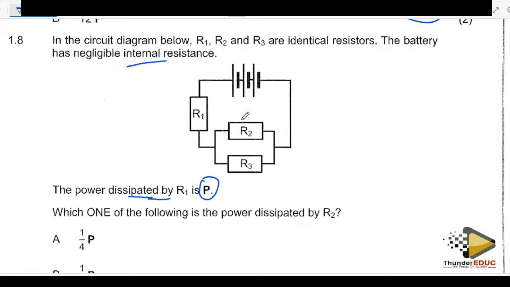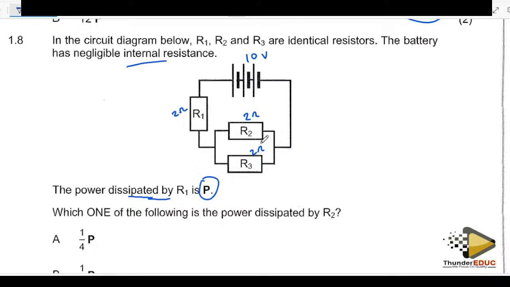Now, let's assume, since they're identical, I can call this 2 ohms, as well as 2 ohms. I can set 10 volts as my voltage there, just to bring about the picture of everything.